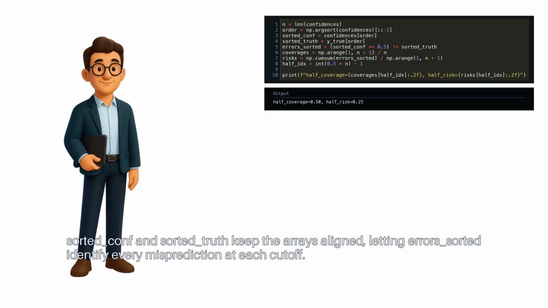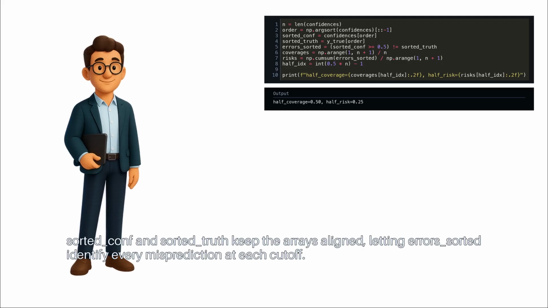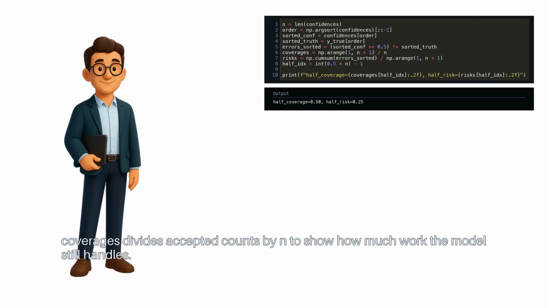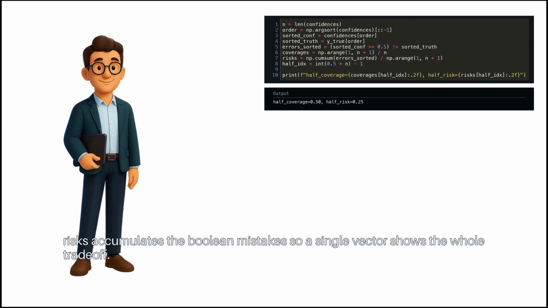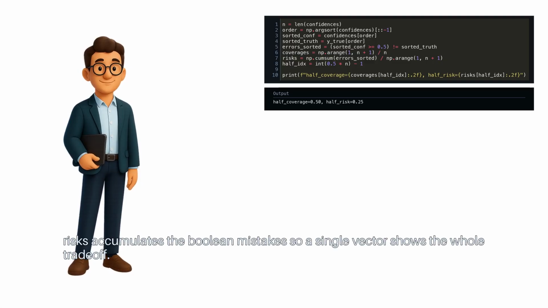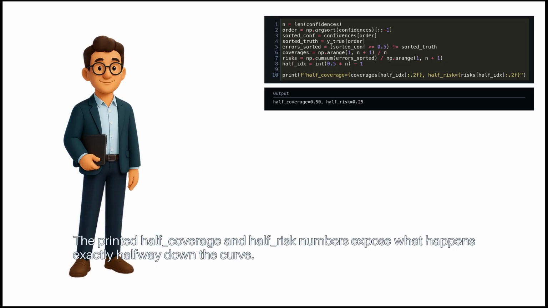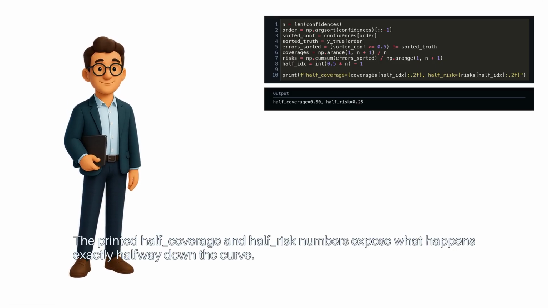Sorted conf and sorted truth keep the arrays aligned, letting errors sorted identify every misprediction at each cutoff. Coverages divides accepted counts by n to show how much work the model still handles. Risks accumulates the Boolean mistakes, so a single vector shows the whole trade-off. The printed half coverage and half risk numbers expose what happens exactly halfway down the curve.